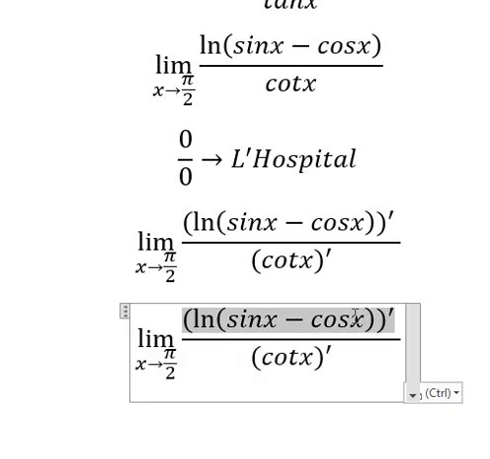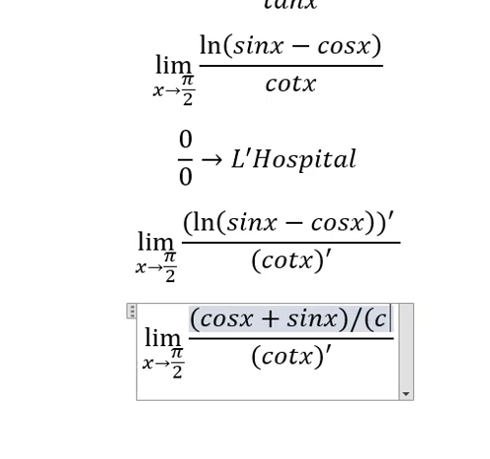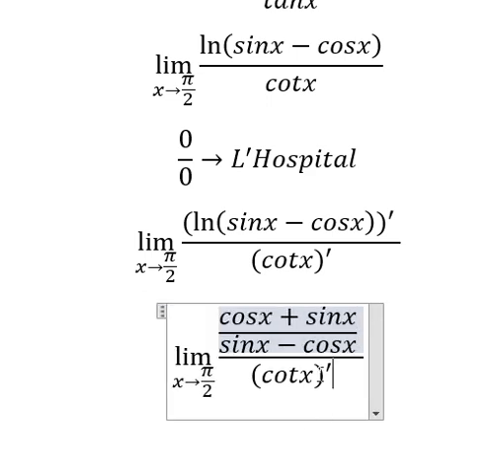So if we do first the derivative of this one, we have cosine x plus sin x over sin x minus cosine x. This one, that is about negative cosecant of x squared.